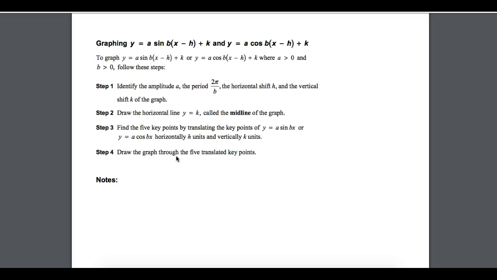Let's look at this graph right here. We've got an A value of 2, a B value of 4, and a K value of 3. So that's going to help you get set up.